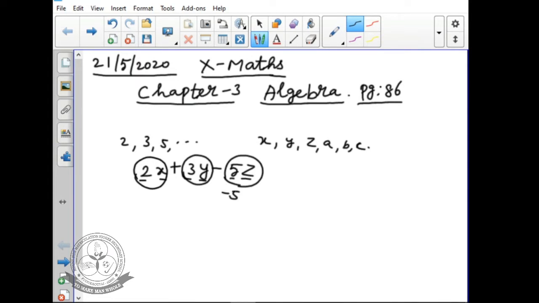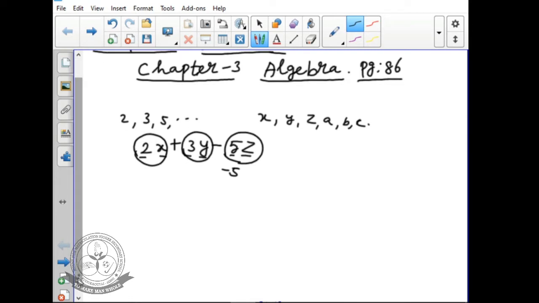They are giving minus, so we have to include the minus symbol also. Coefficient of x is 2, coefficient of y is 3, coefficient of z is minus 5. Already we saw variables and coefficients. In the 9th also we studied solving equations. Here also we are going to see solving equations.